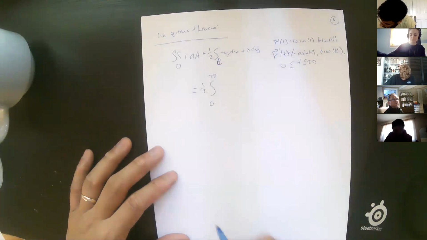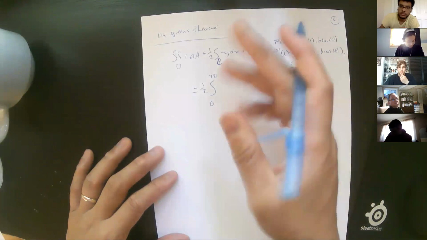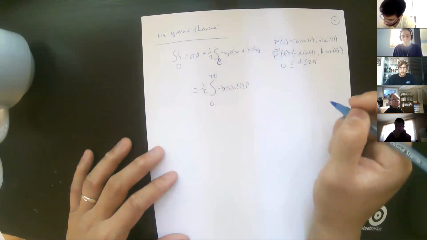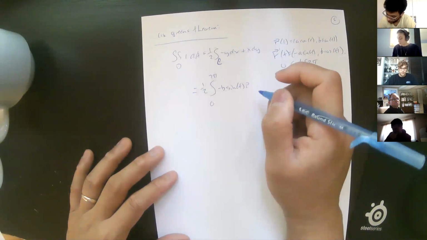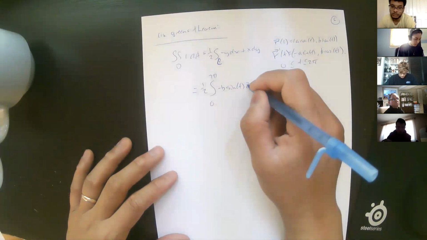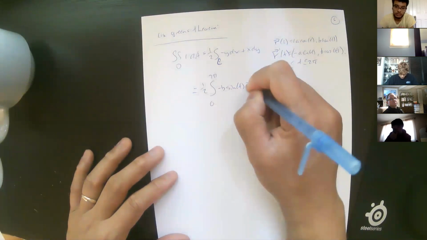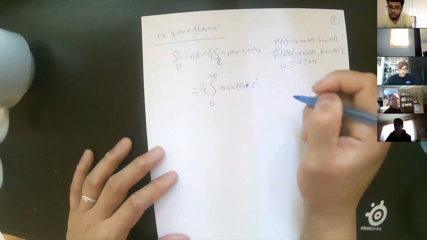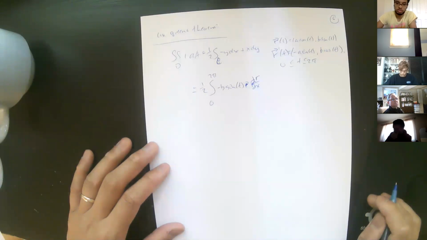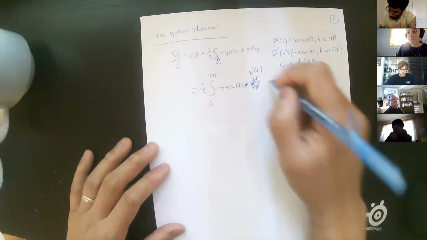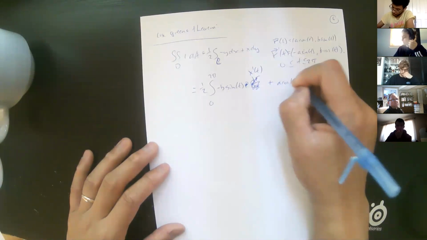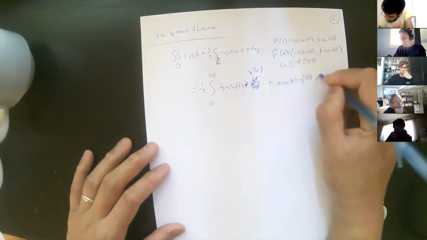The integral from 0 to 2 pi of, this is y, so minus b sine t, times dx, x prime of t, that should be written x prime of t, plus x, which is a cosine of t, times y prime of t, dt.